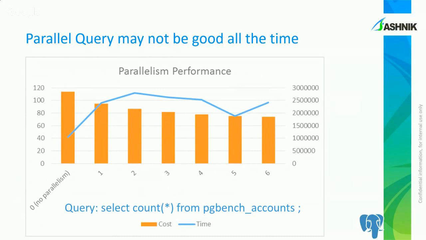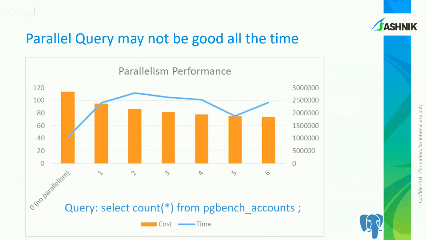In this graph, the lower value is better, which means lower the time taken, better the query performance, lower the cost, better the query performance, or more optimized was the execution. So as you can see, as I increase the degree of parallelism to 1, the query performance degraded.